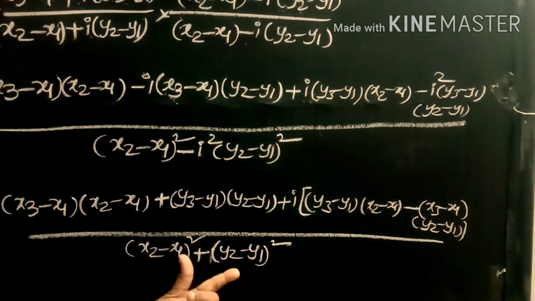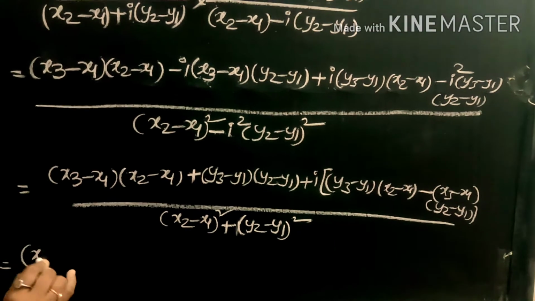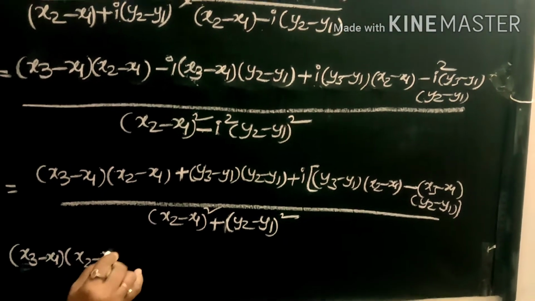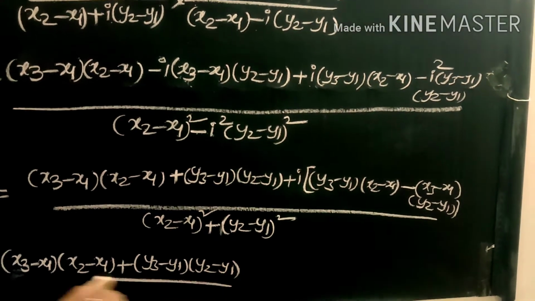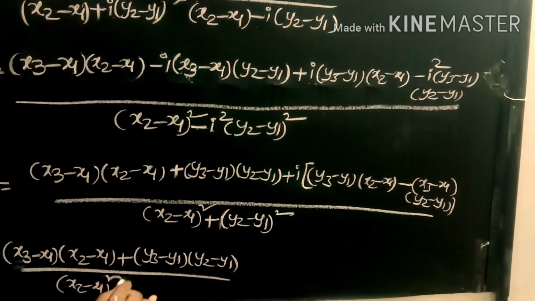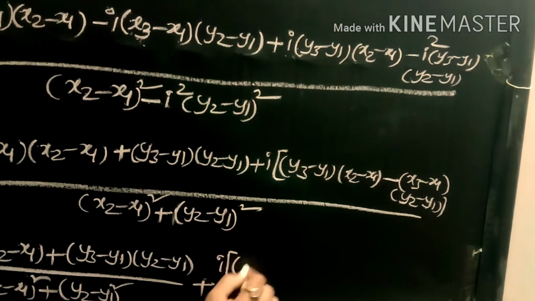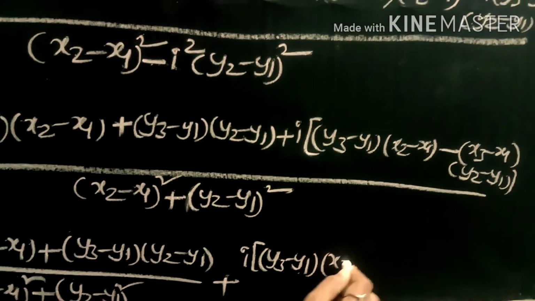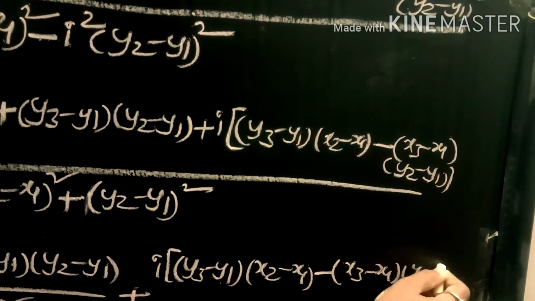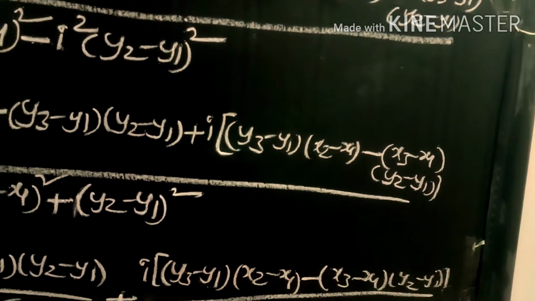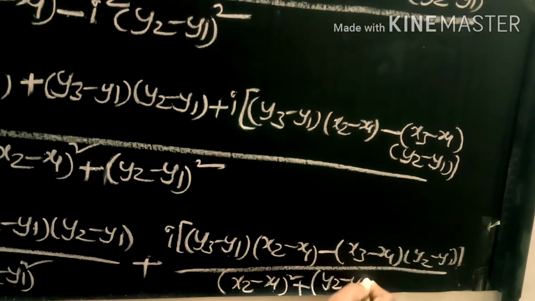Now separating the denominator into the real part and imaginary part, that is (x3 minus x1) into (x2 minus x1) plus (y3 minus y1) into (y2 minus y1), whole by (x2 minus x1) whole squared plus (y2 minus y1) whole squared, plus i into (y3 minus y1) into (x2 minus x1) minus (x3 minus x1) into (y2 minus y1), whole by (x2 minus x1) whole squared plus (y2 minus y1) whole squared.